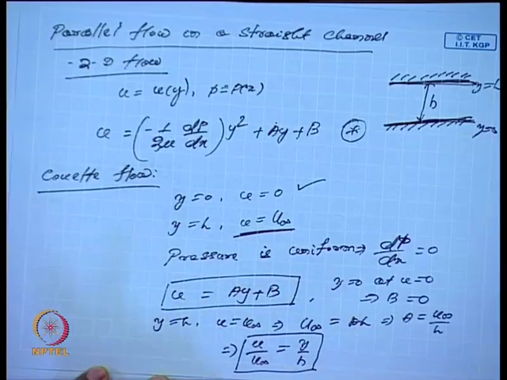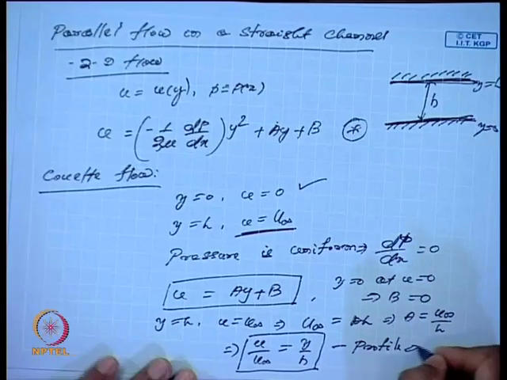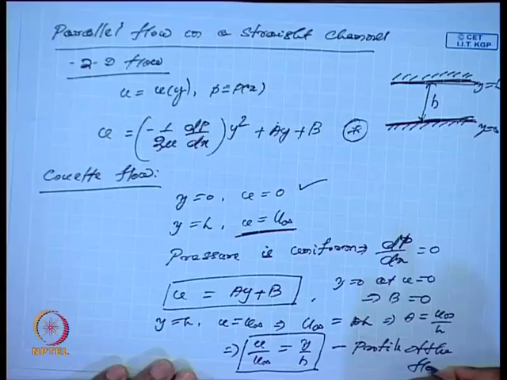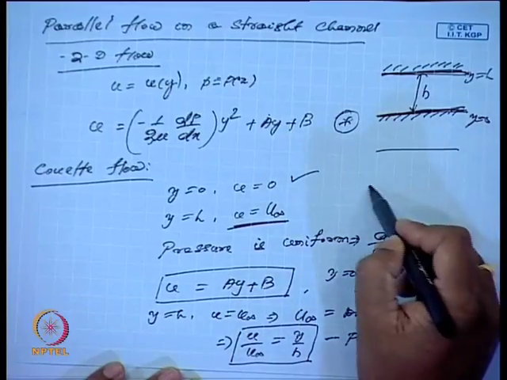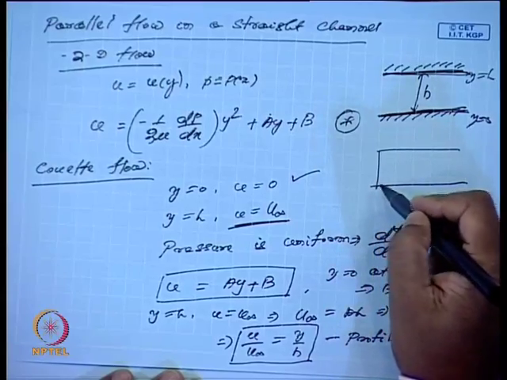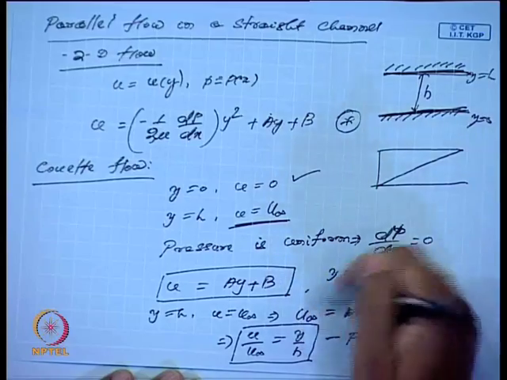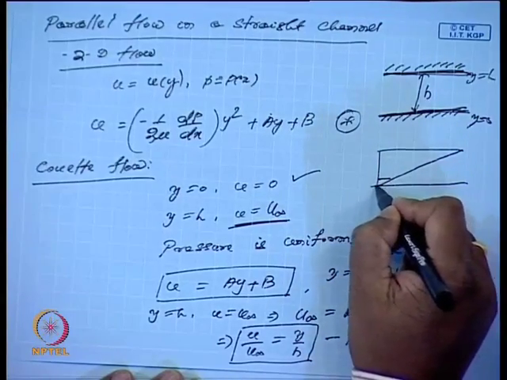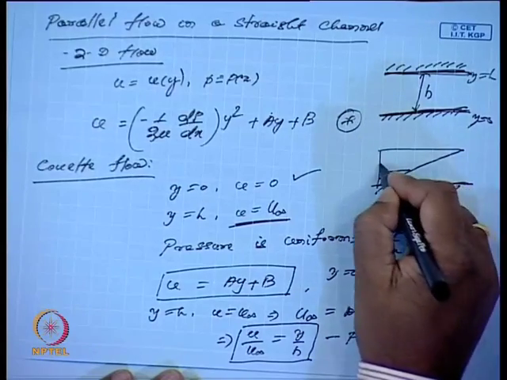In fact, this is the flow distribution, and this gives the profile of the flow. If you look at how the fluid will be moving, initially there is no fluid flowing across the fixed plate, then slowly the speed increases.